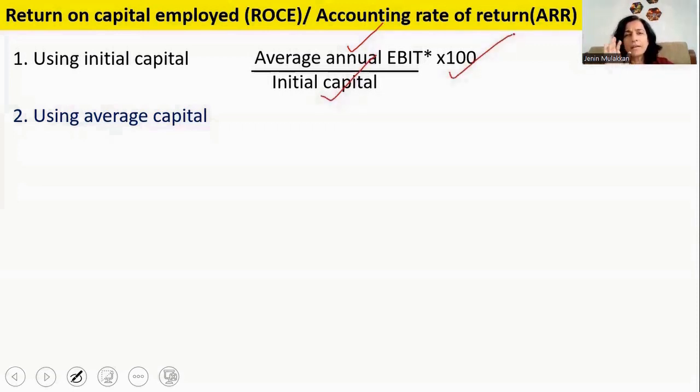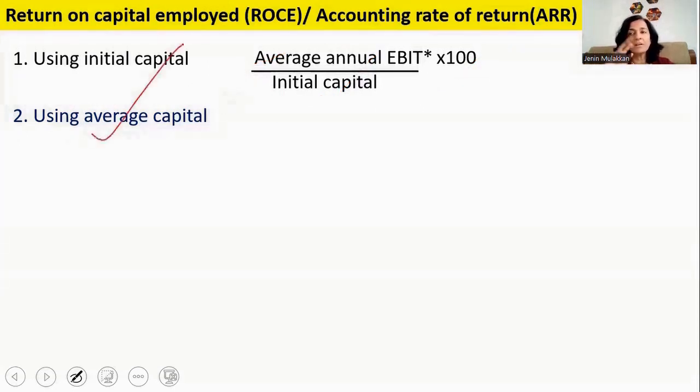Simple. That is, if your profit is 10 and the capital that you have invested is 100, then it means that your return on capital employed is 10%. So that is the meaning of this formula, average annual EBIT divided by initial capital into 100.